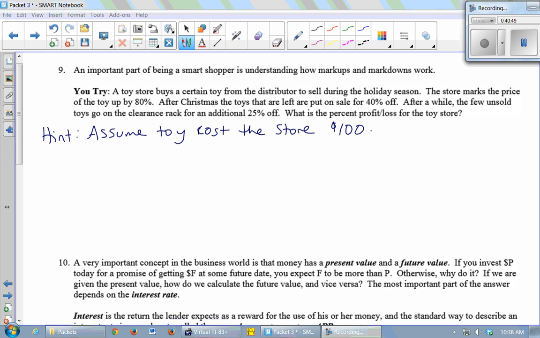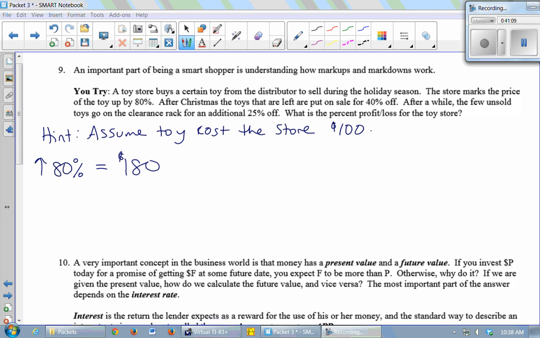Okay, so I'm just going to go through the markups and markdowns one at a time, because I'm going to assume that there isn't an easy way to do this problem, right? So an 80% markup, so up by 80%. So $100 increased by 80% takes me to $180.